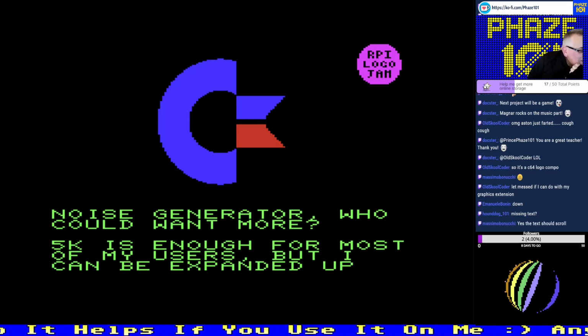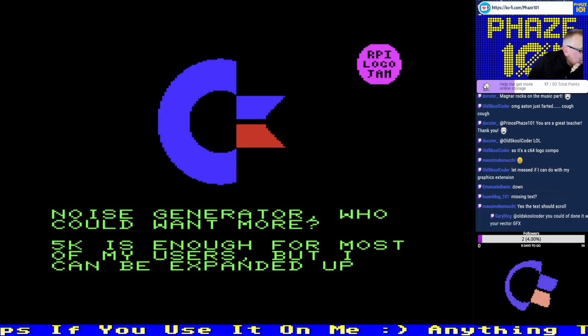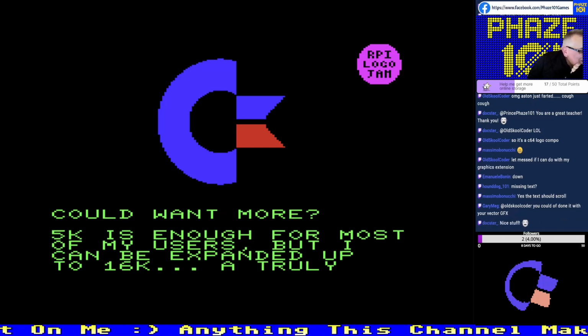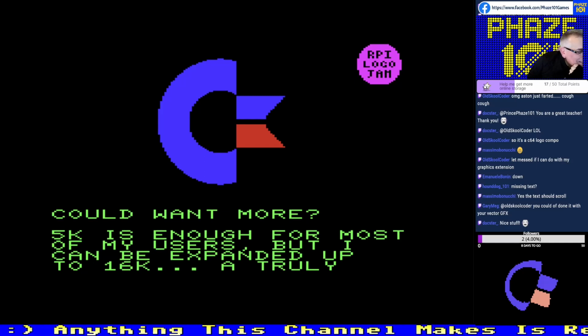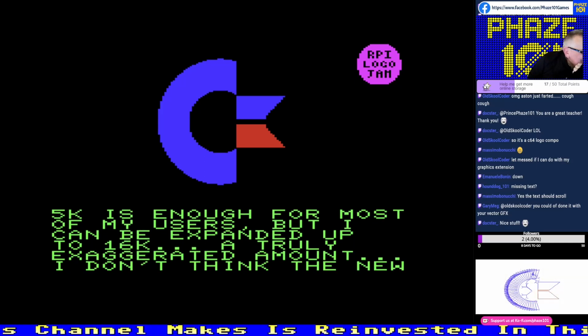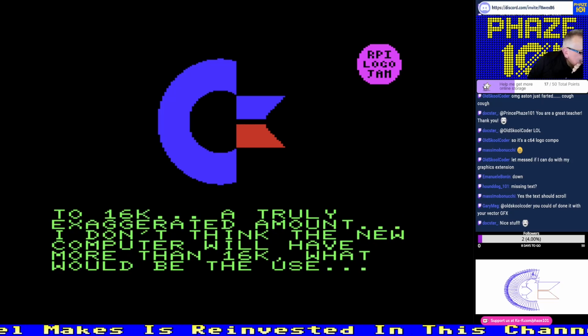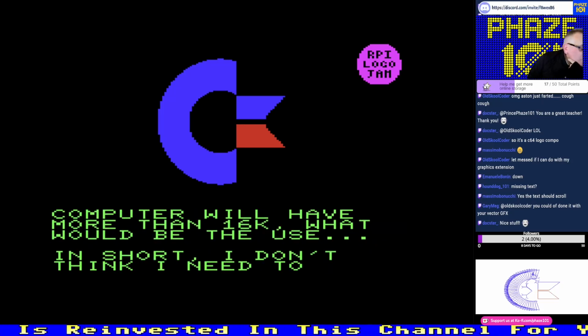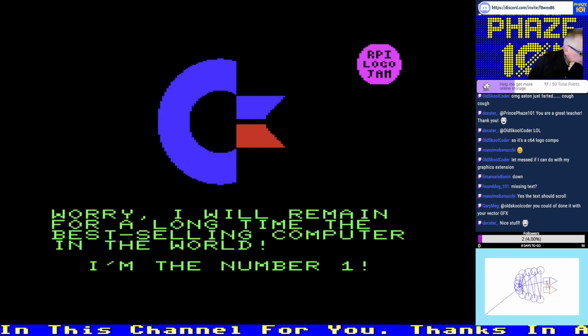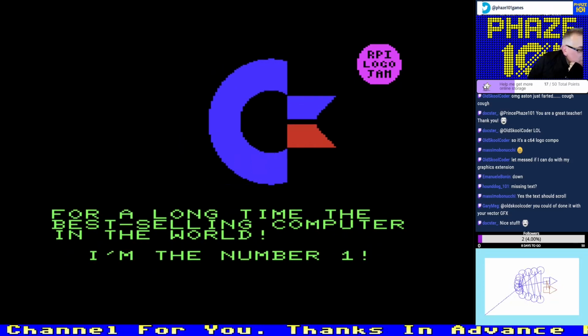Massimo said 5K is enough for most of my users, but it can be expanded to 16K. I mean, he's talking about the VIC, no? This is VIC-20 BASIC, okay? And again, I can move it left and right.